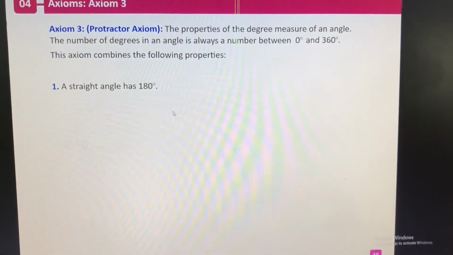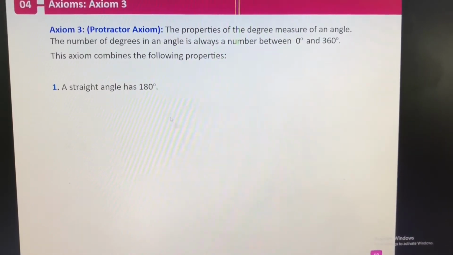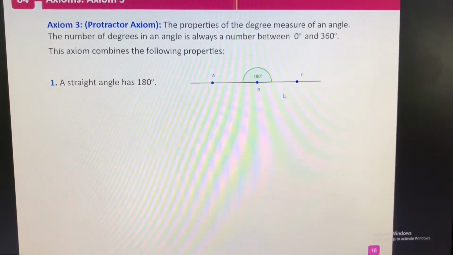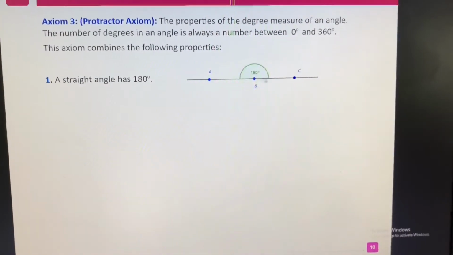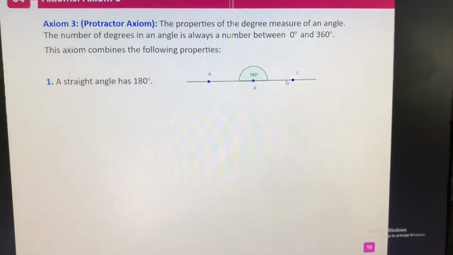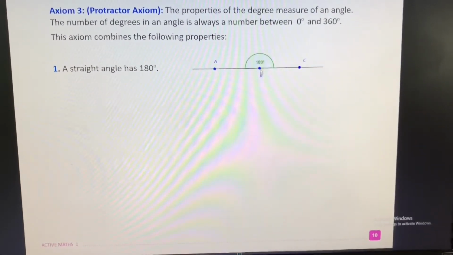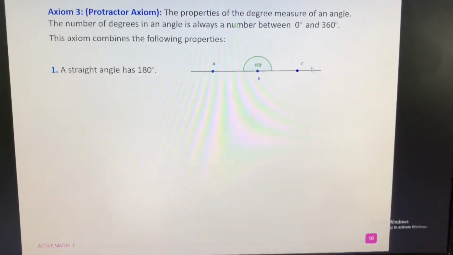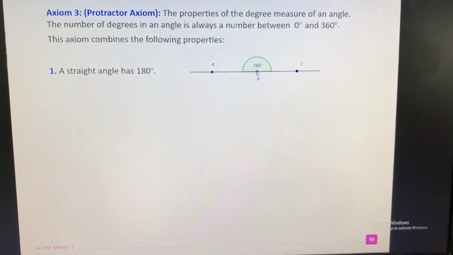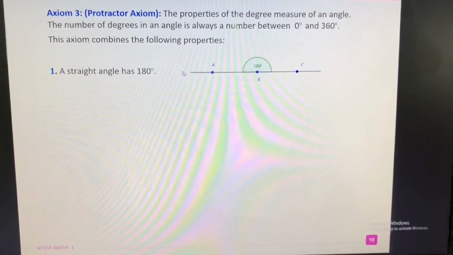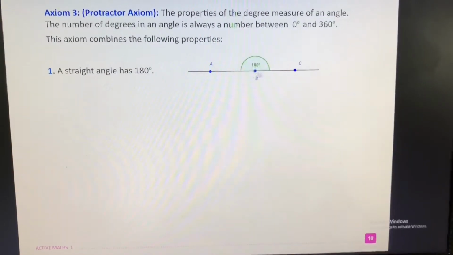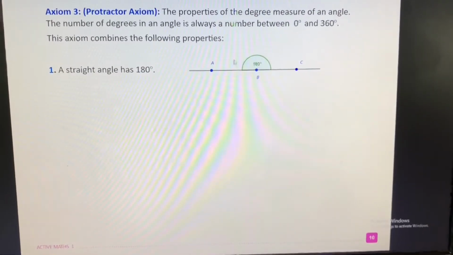We know that a straight angle measures 180 degrees and it looks like this. If we take one arm of our angle to be BC, a ray ending at B and continuing through C, and the other arm is B through to A, this ray, then the rotation between the two is 180 degrees.